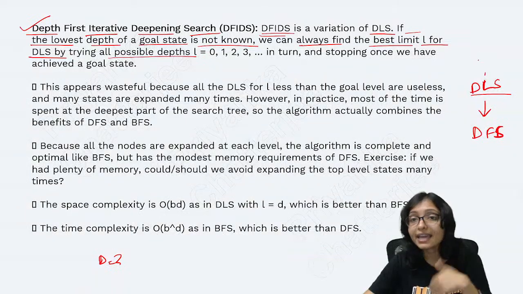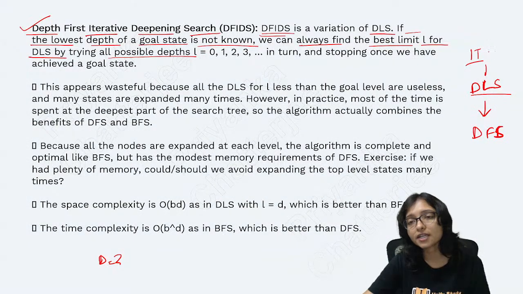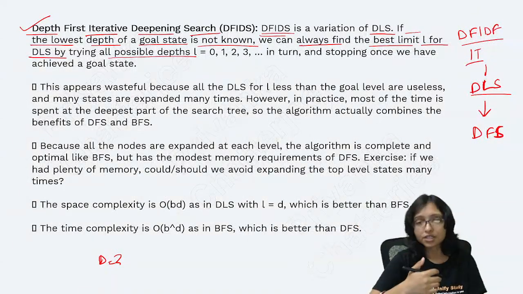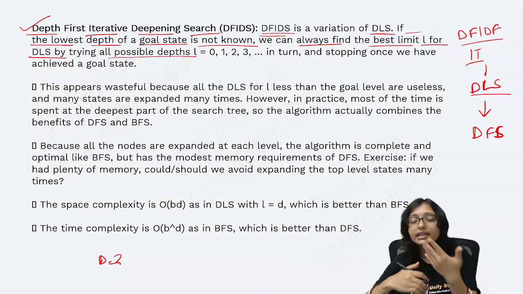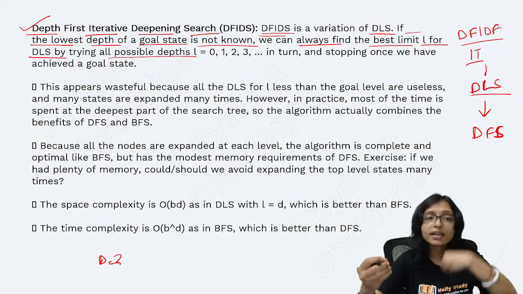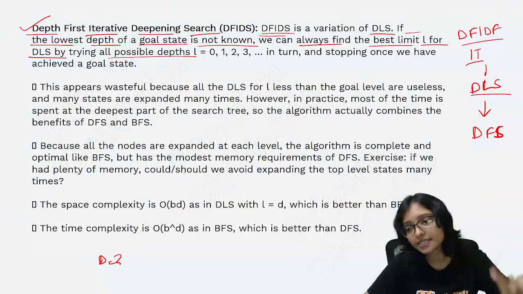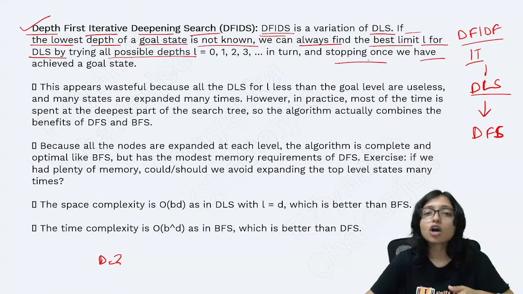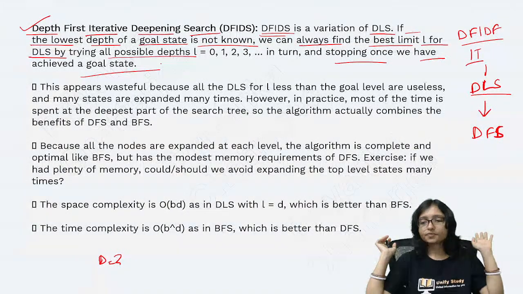After that, I am adding another wrapper on that, where I add the iteration over the depth: DFIDS, depth first iterative deepening search. One by one, iteration wise, I increment the limit and then run the same concept. So when can I stop? When I achieve the goal.